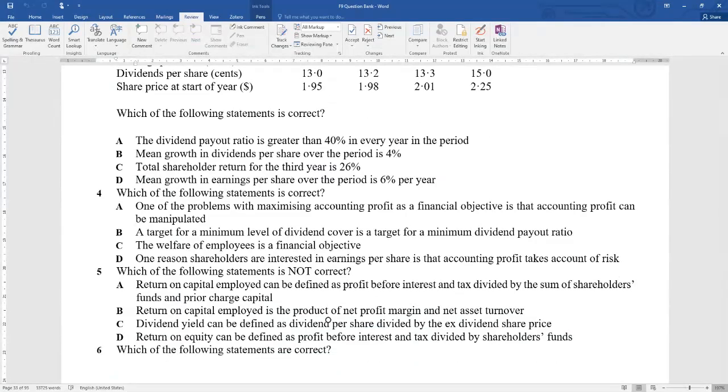Even question 5, I think we have done it already, isn't it? I don't remember doing it. Oh, okay, fair enough. Go through it and we can discuss question 5 together.